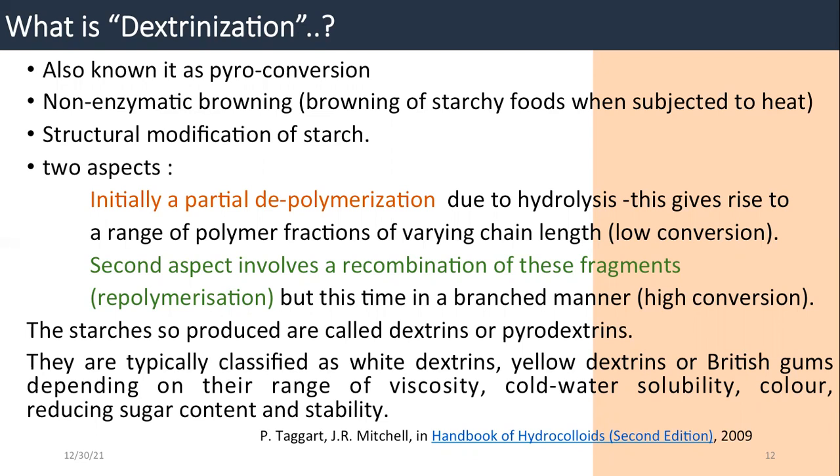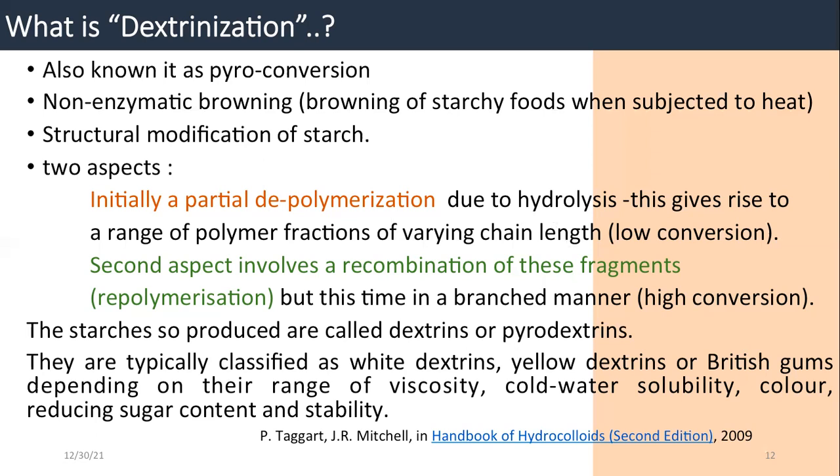At the end of the process, texture changes are there. We can get a product with different characteristics, right? We call it dextrinization. It is a type of non-enzymatic browning. So color changes are there.